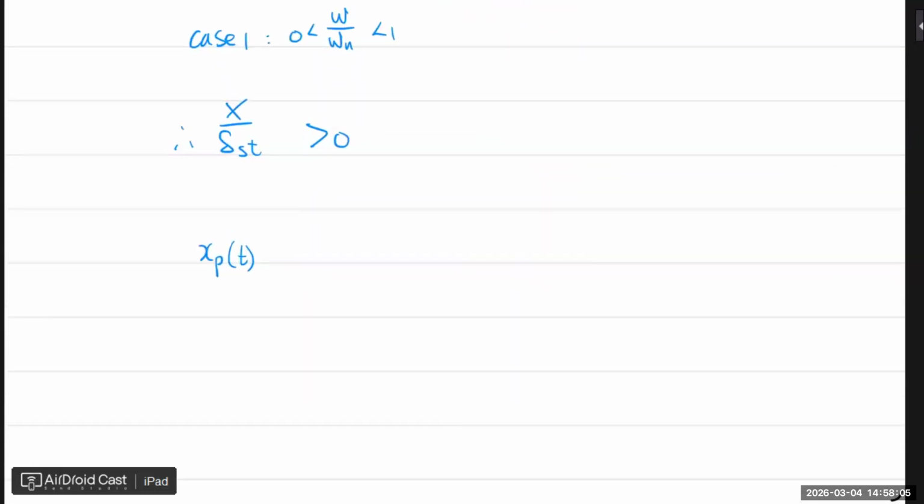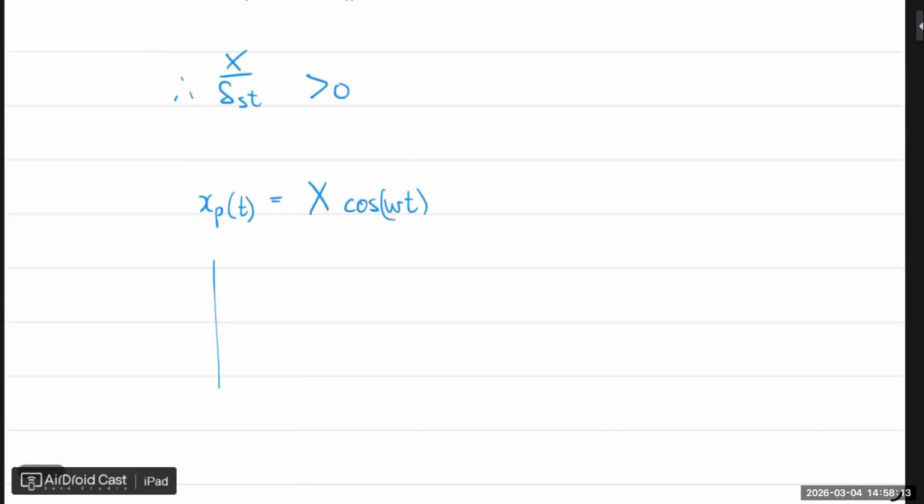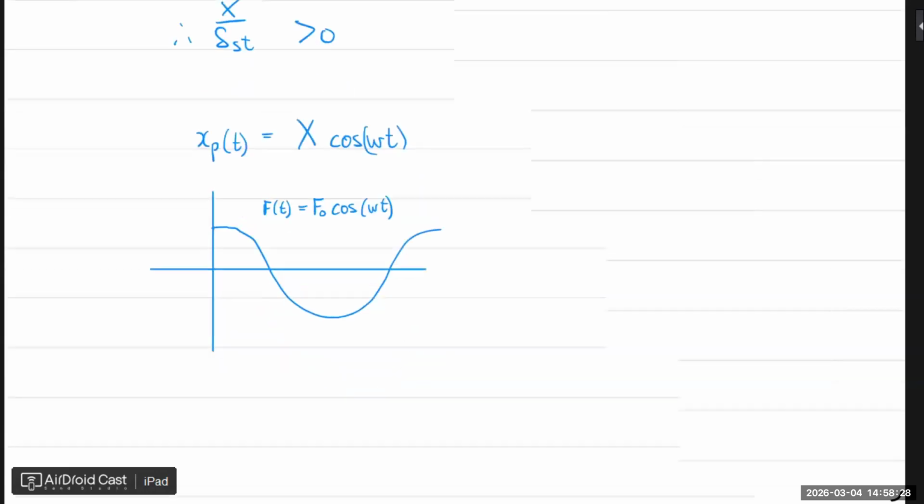So for this, the value remains positive because everything is positive. So it's just x cos omega t. And all that means is my force, remember the force in the beginning I said is F0 cos omega t, is just a positive cos graph.